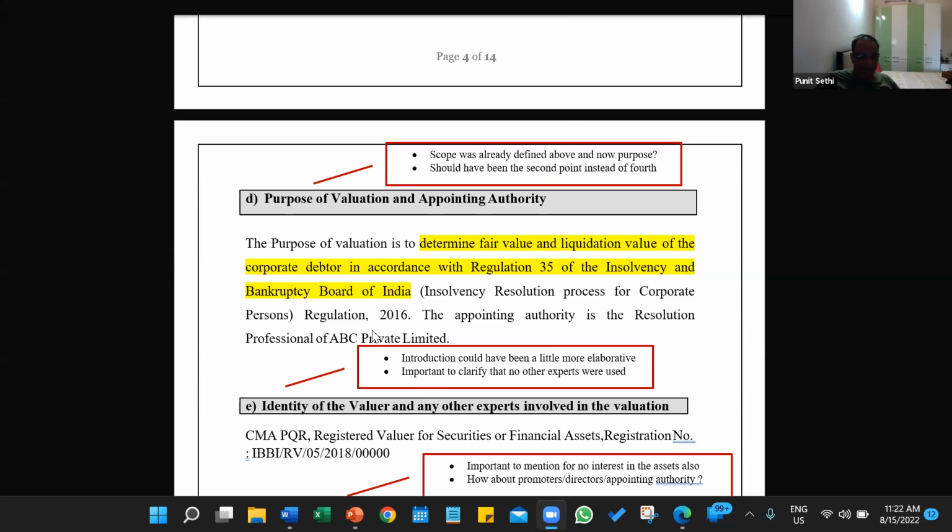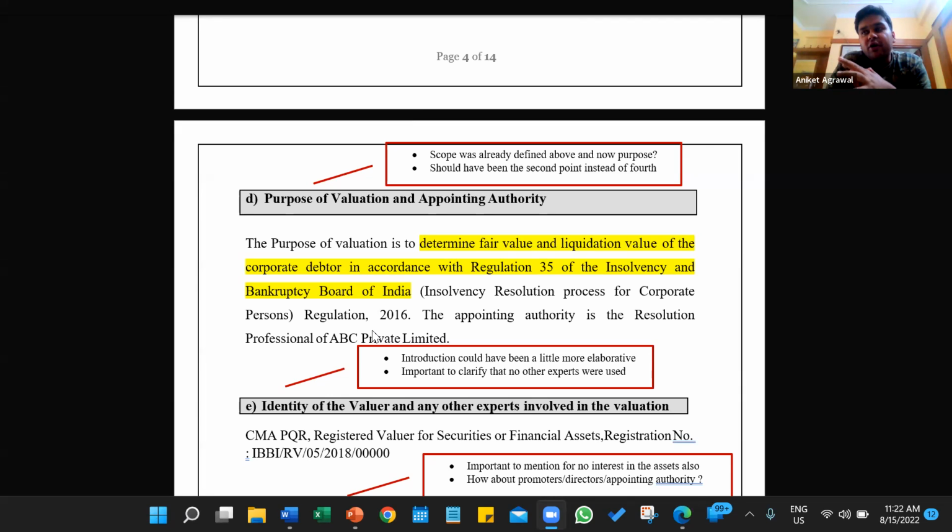Great. Yes, definitely. Thank you so much. Sir, I would also like to add a point over here. I'm a land and building registered valuer, and when we are talking about the background information of any asset, for example in land and building, I think it's very important that we always mention whether the property is demarcated or not, whether it is marketable in the present situation, for how long it was marketable, and what the possession status of the property is.